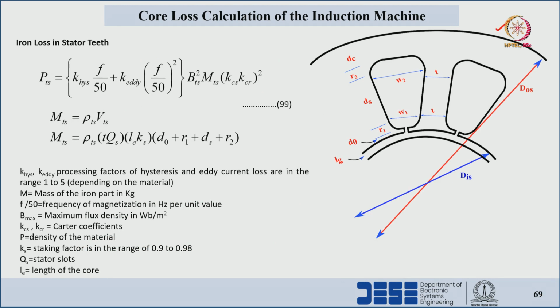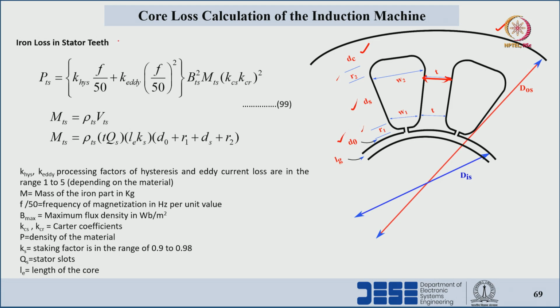Let us consider the stator core with different dimensions of the stator slot. DC is the depth of the back iron, DS is the slot depth, D0 is the slot opening height, and R1 and R2 are the radii of the stator slots at the top and bottom side. T is nothing but the width of the stator teeth.